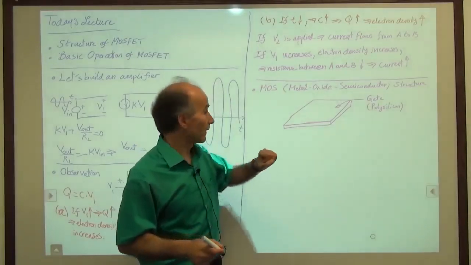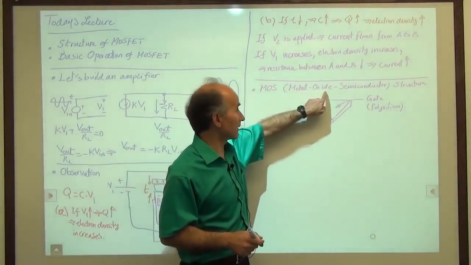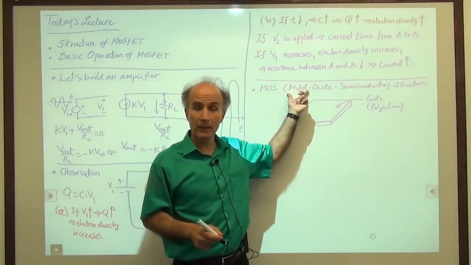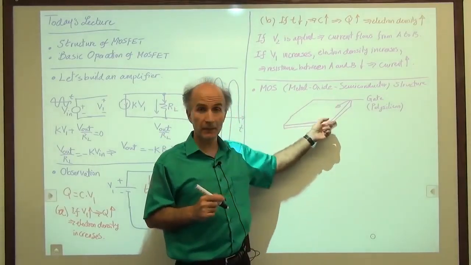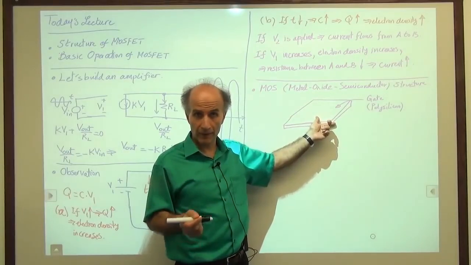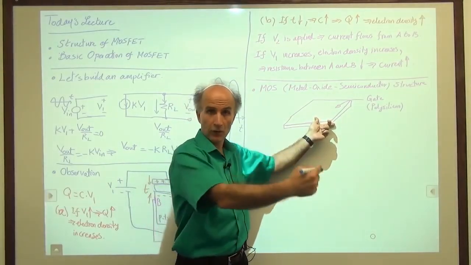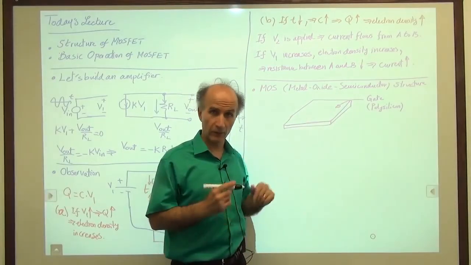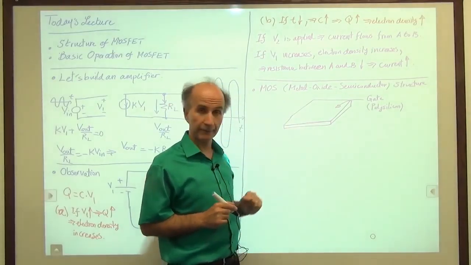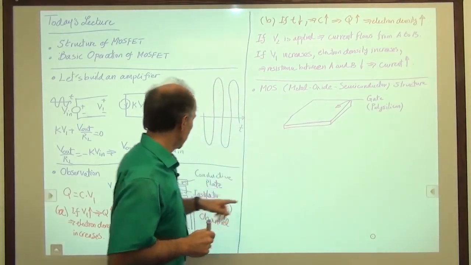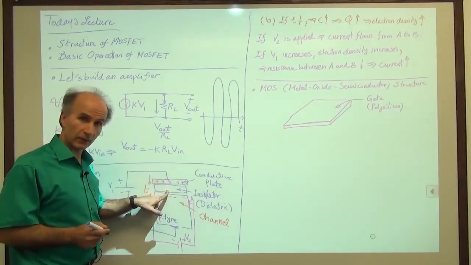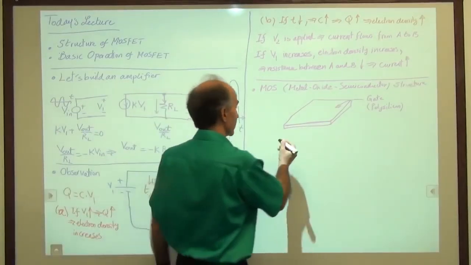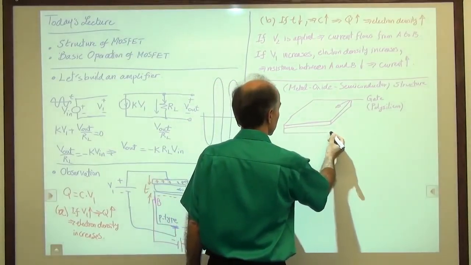In fact, the name metal oxide semiconductor, this metal came about because a long time ago, this was made of metal. But now it's made of polysilicon, although in future generations we may go back to metal. We don't know yet, but that's what we have. Okay, so we built the top plate using polysilicon. Now we need an insulator. So we will build some insulator underneath.